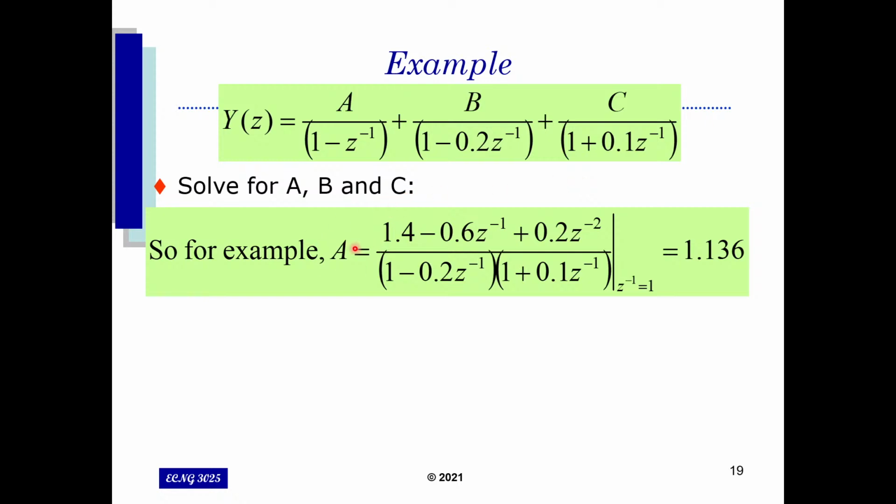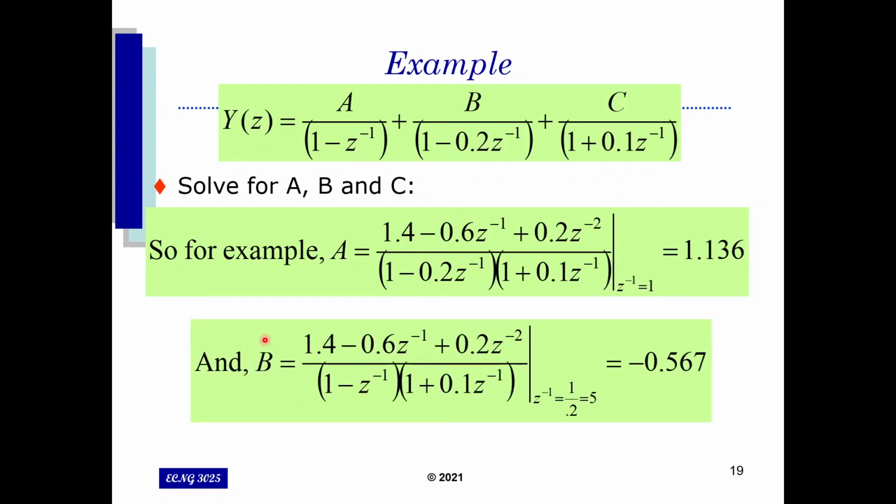So the method I just explained works as an optimized version for solving for a, b, and c, because each one of these denominators is unique in nature. Similarly, if we try to solve for b, we use the numerator of the y of z equation that we had before. And then for b, we use the other denominator terms that are not associated with b, and we put this on the denominator.